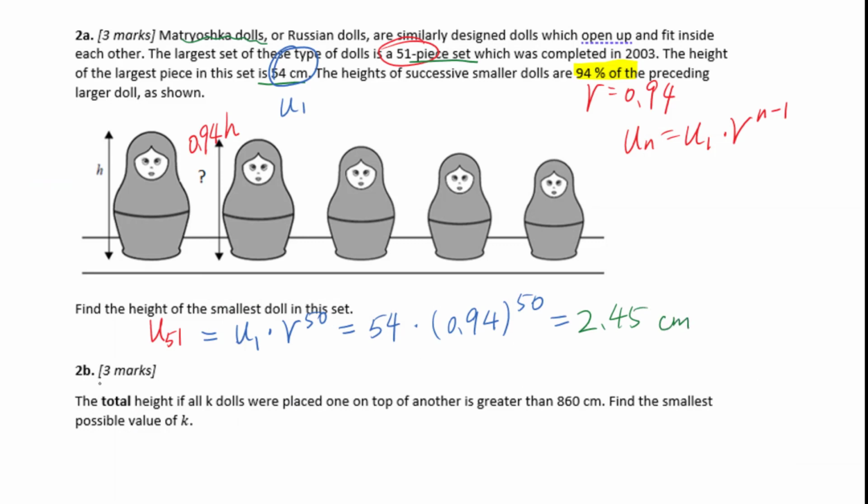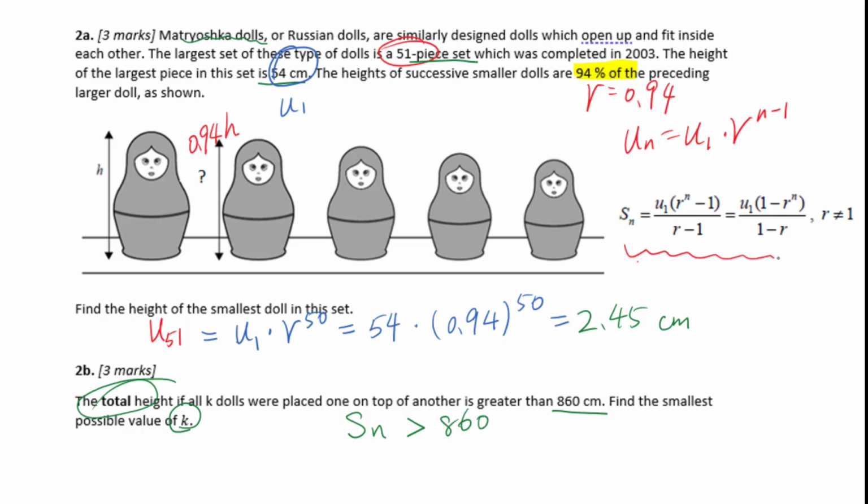For 2b, the total height if all k dolls were placed one on top of another is greater than 860 centimeters. Find the smallest possible value of k. The total height, which means S sub n, is greater than 860.